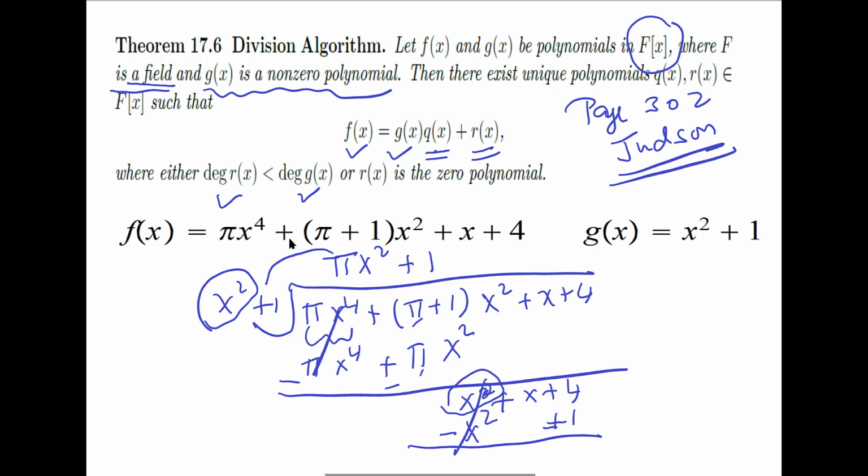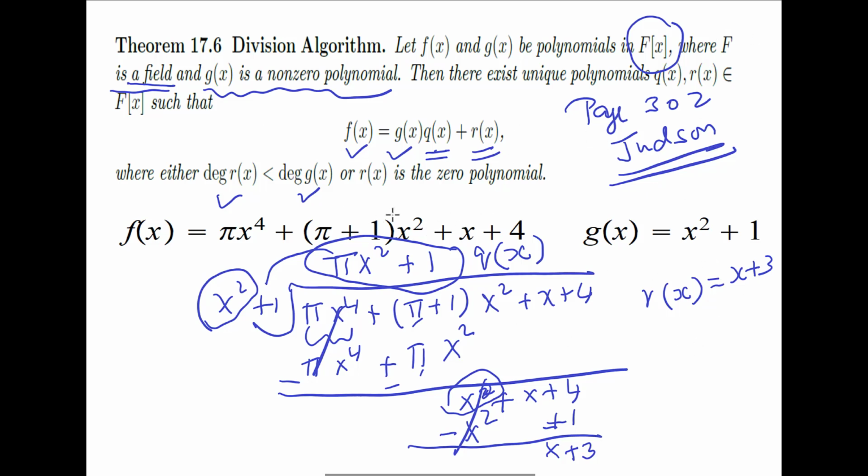So as desired, our remainder R(x) turns out to be x plus 3, and this is our quotient. So this again is just the algorithm that we did with the integers before, and we can do it again, just for a little demonstration, for a non-traditional field.